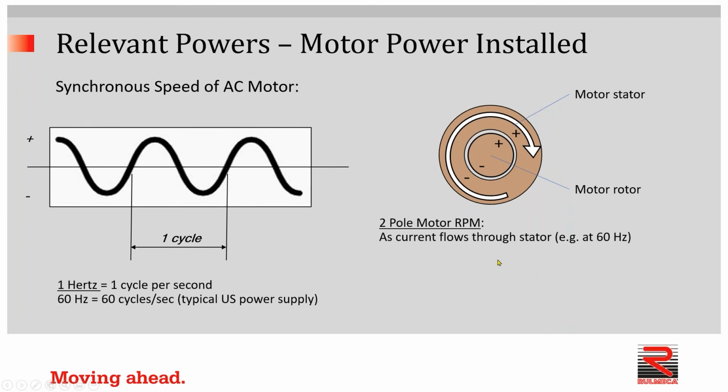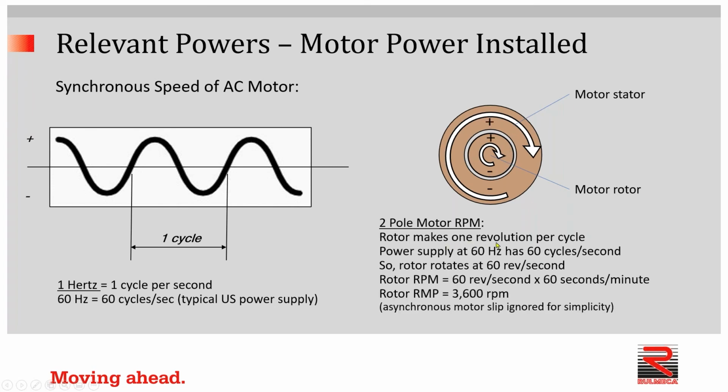As current flows through the wires in the stator, for example, at 60 hertz, a magnetic flux field is set up, which exerts itself on current which is induced in the rotor, causing it to turn.